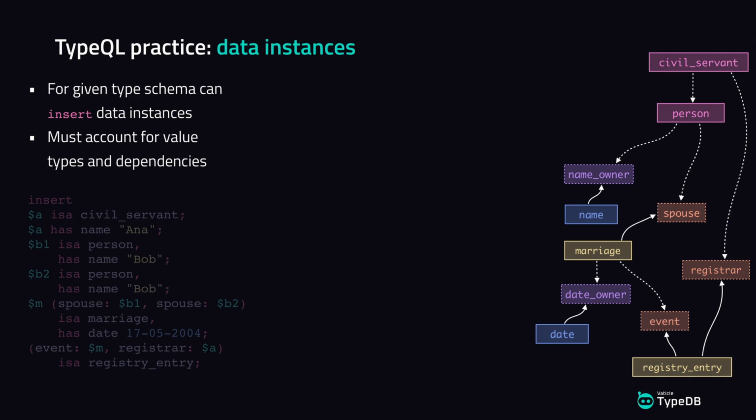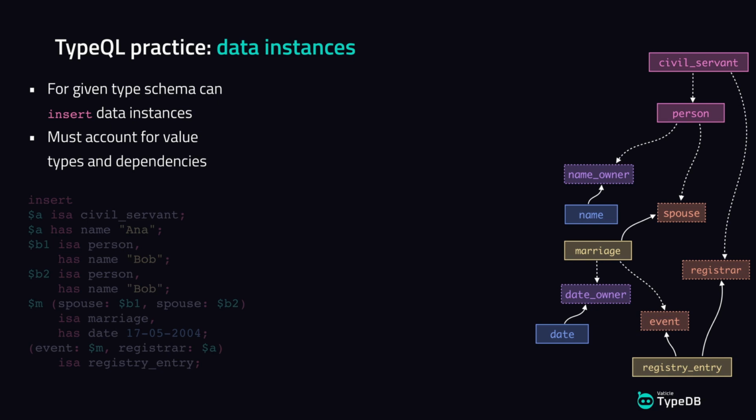We've seen all of these definitions though. So we have a person type. Person type implements the name owner interface. So it owns names, persons own names. Person also plays the role of spouse. Marriages depend on spouses, so they need to be instantiated with spouses as a reference. Marriages are date owners. They can be cast into date owners on which the date attribute depends.